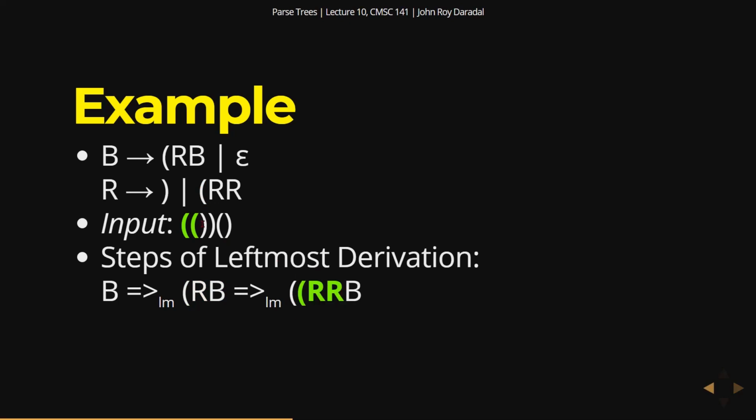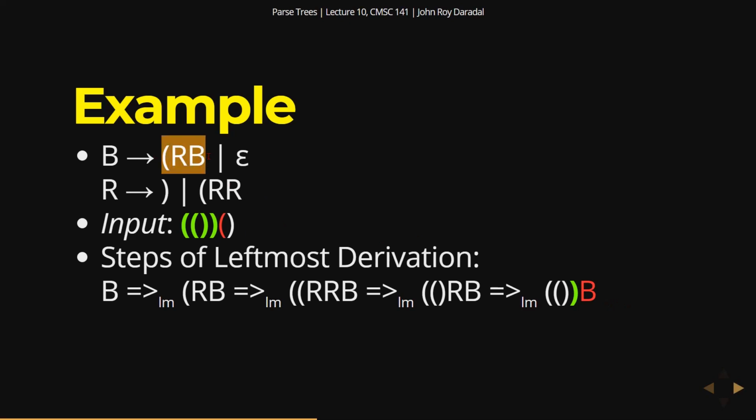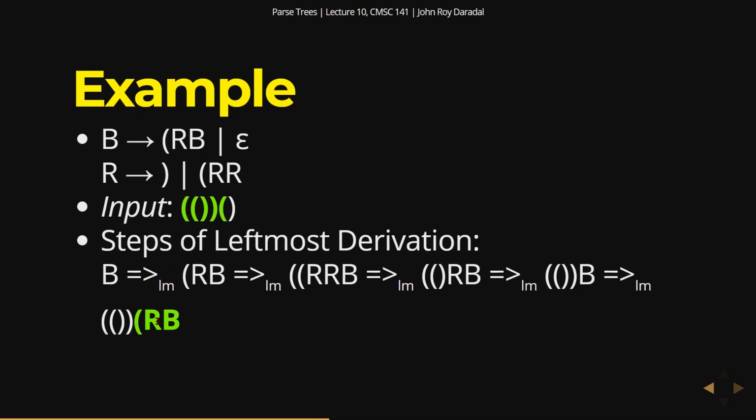And then the next symbol is closed, and closed on R has to be this one. So we'll replace it with closed. The next is closed on R, so we'll use closed again. And then open on B. Open on B, we'll have to use this one, so we'll replace it with open RB.